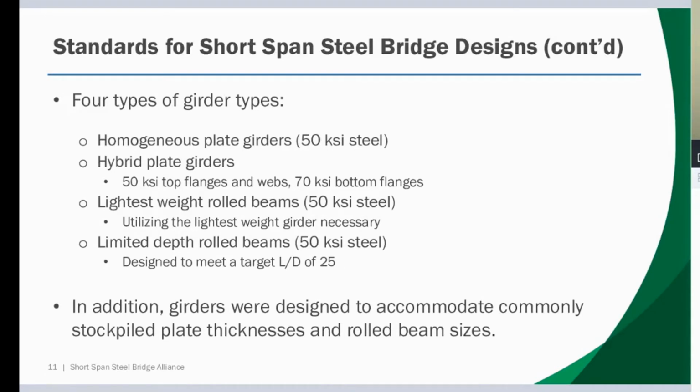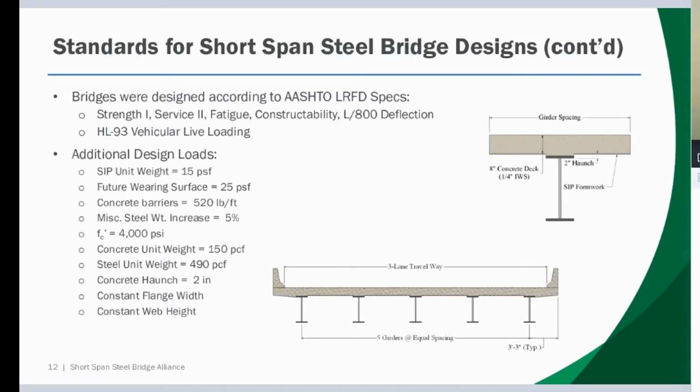So things like 1/2 inch, 3/4 inch, stuff that the mills are rolling all day, every day, as well as commonly available rolled shapes as well. So again, we're trying to make sure that the solutions that we provide are efficient, economical, and readily available for you as the user.